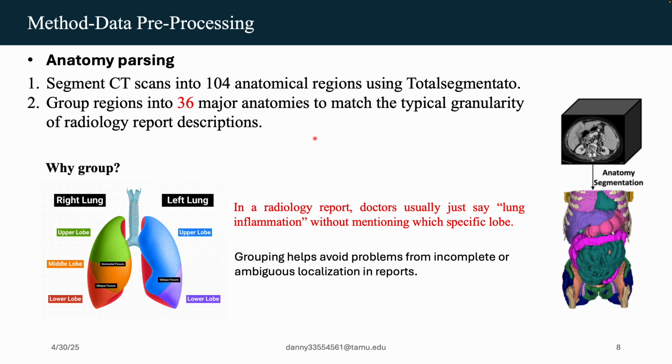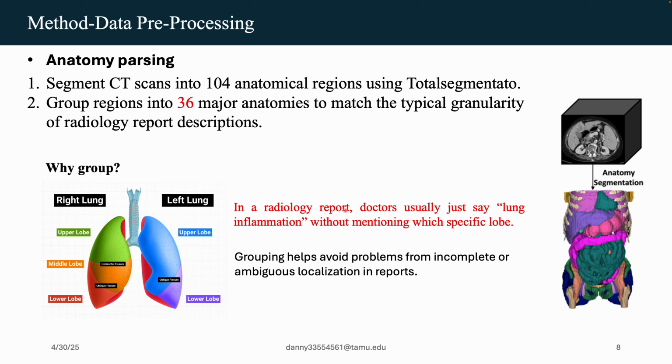First, we segment CT scans into 104 anatomical regions using this tool, TotalSegmentator. And we group these 104 regions into 36 major anatomies to match the typical style in radiology reports. So why do we do this grouping? For example, for the lung, TotalSegmentator will divide it into 5 regions.